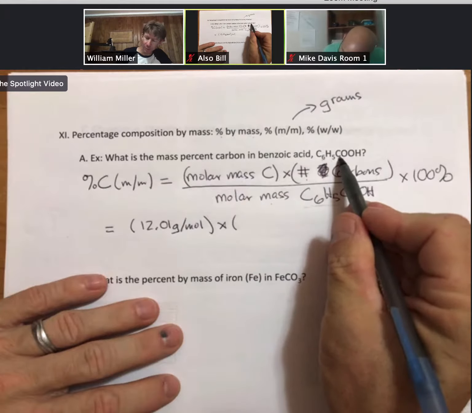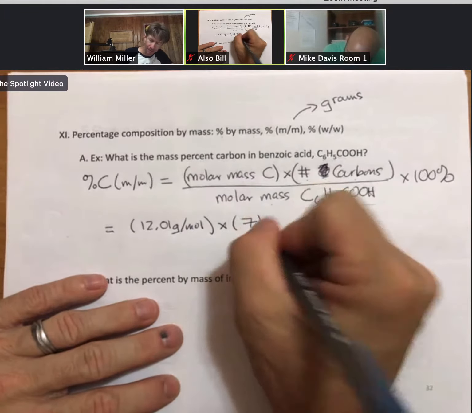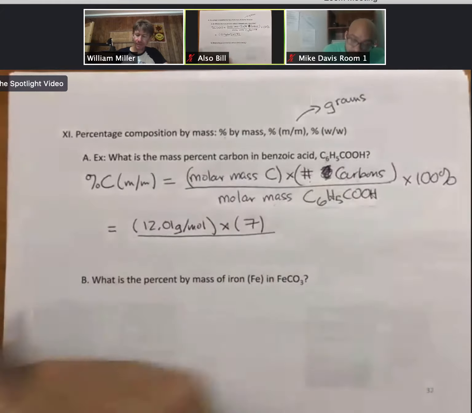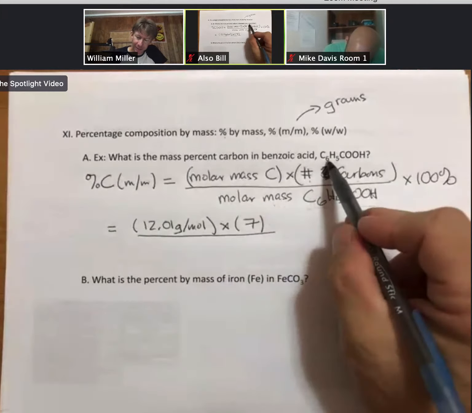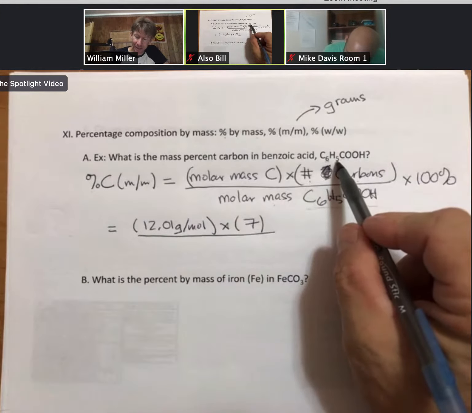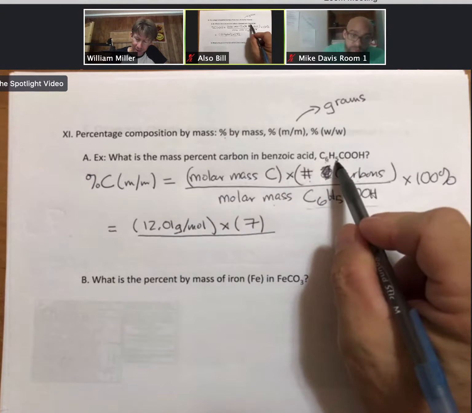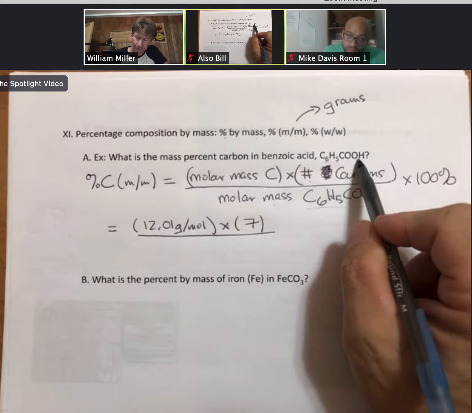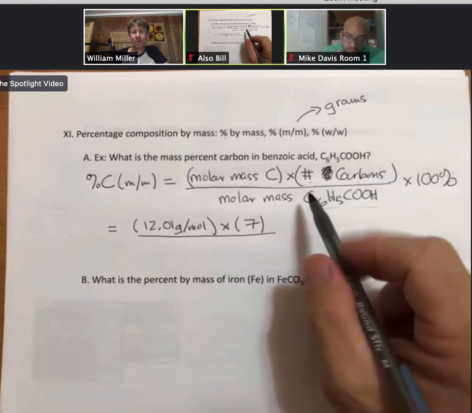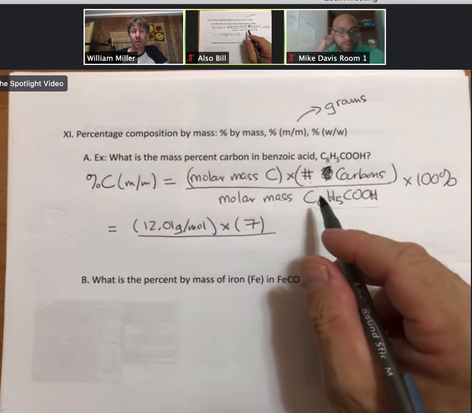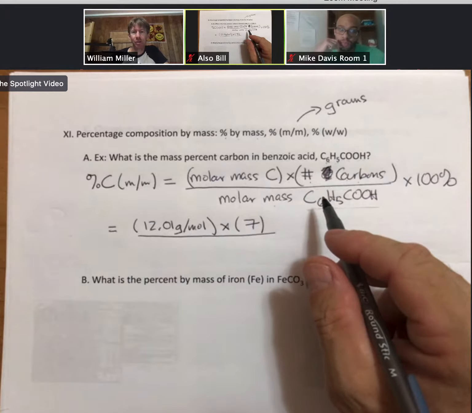I see one more, so 7. And that's going to be divided by the molar mass of the entire compound. So we have 7 carbons, 6 hydrogens, and 2 oxygens. And we've demonstrated probably 3 or 4 different times how to do the molar mass.